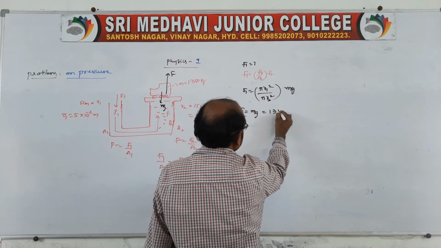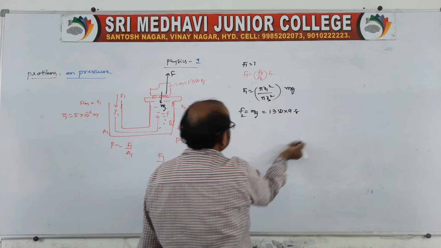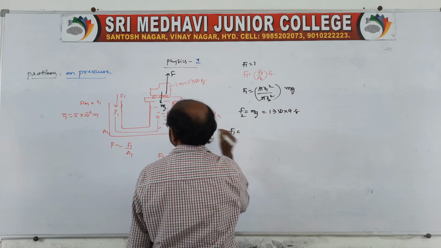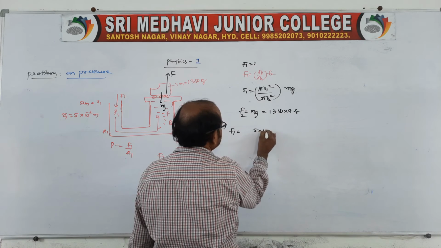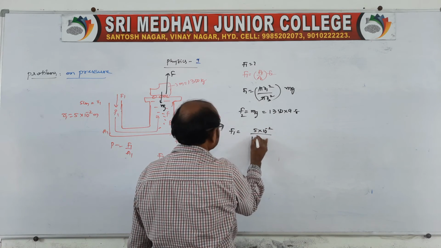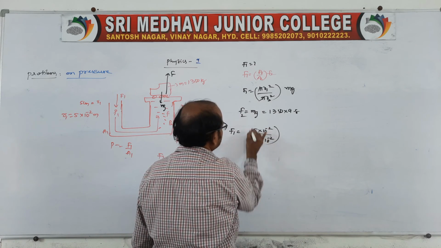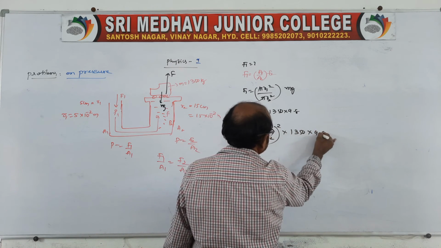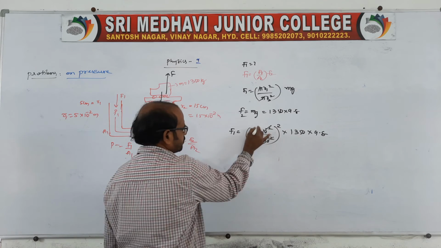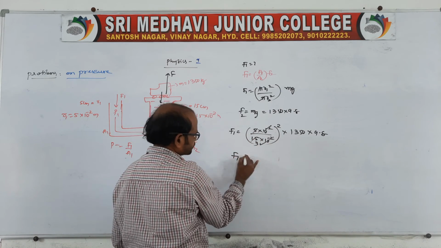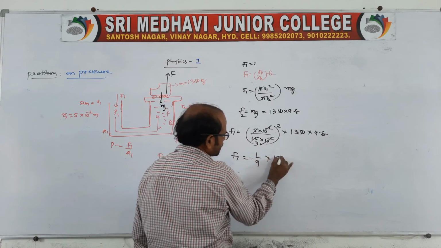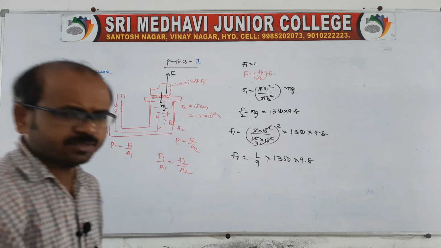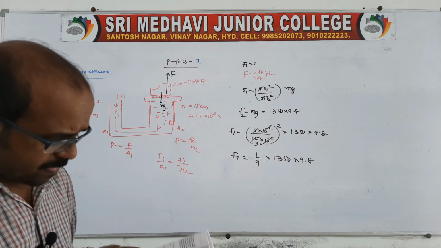So 1350 into 9.8, or take 10. Now F1 is equal to this: pi is cancelled, R1 is 5 into 10 power minus 2 by 15 into 10 power minus 2, whole squared, into mass 1350 into 9.8. So 10 power minus 2 cancels, 5 ones, 5 threes, so 1 by 9 into 1350 into 9.8. Clear? Now you simplify this.